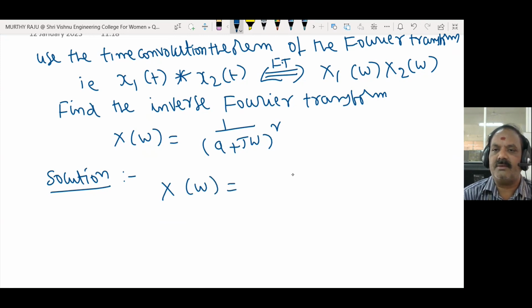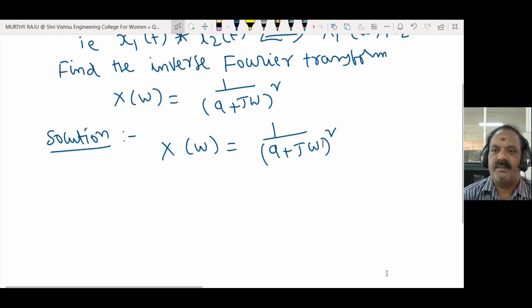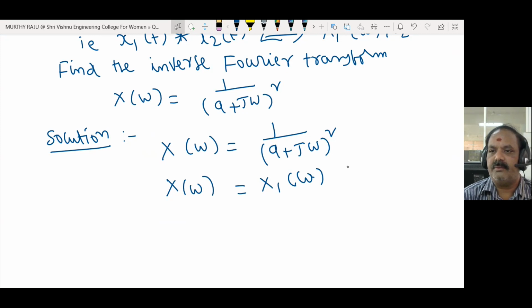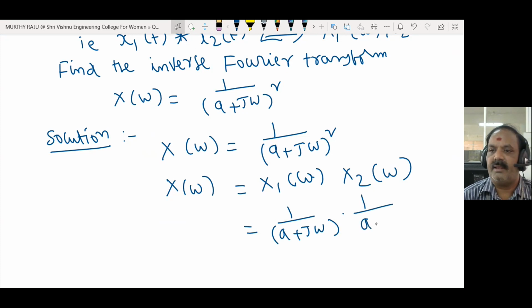Solution. X of omega is equal to 1 by (a plus j omega) whole square. X of omega can be written as X1 of omega into X2 of omega, that is equal to 1 by a plus j omega into 1 by a plus j omega.